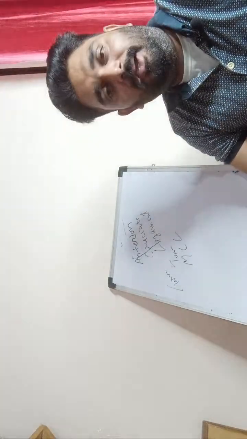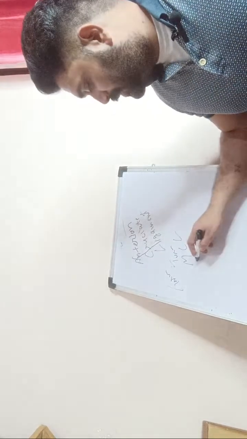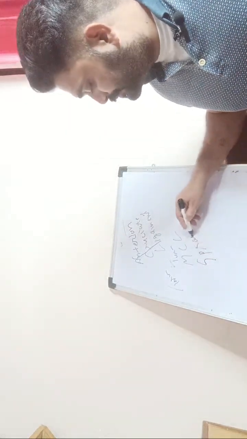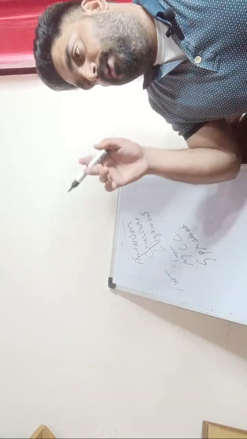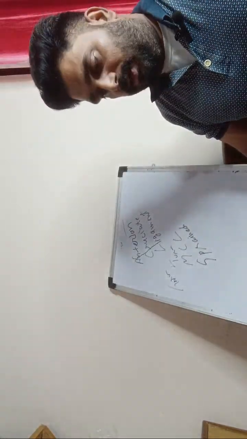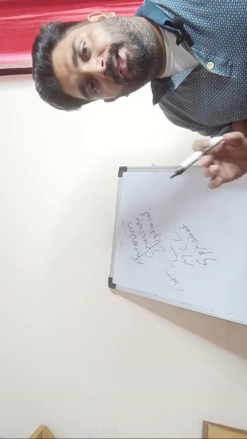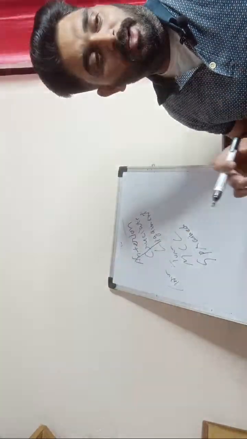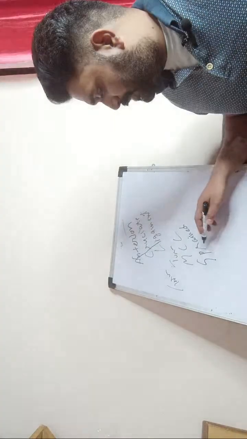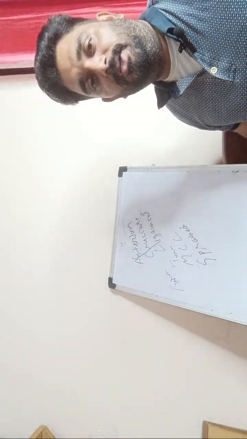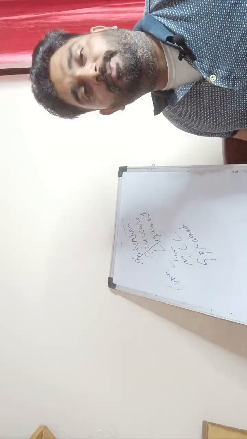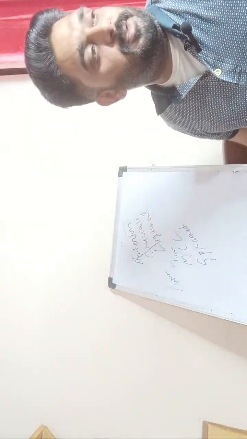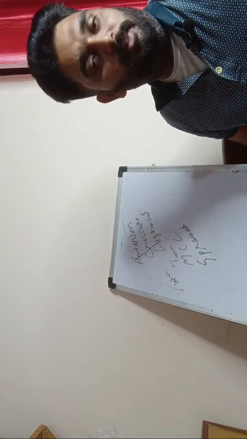Next is sprained ankle, when the ankle joint is twisted and the ligaments and tendons are torn. Then plantar fasciitis is an injury of your heel when you are running and the heel strikes the hard surface.